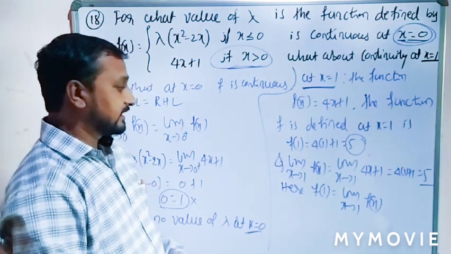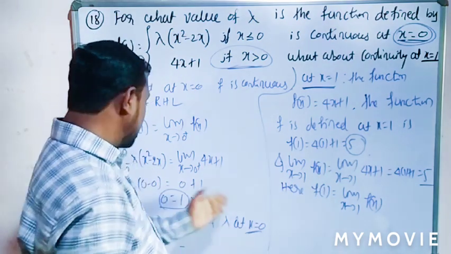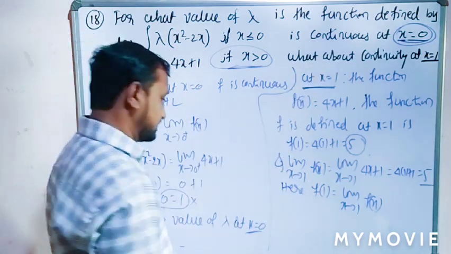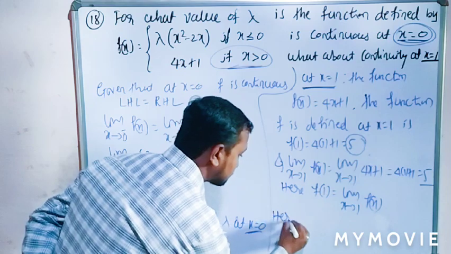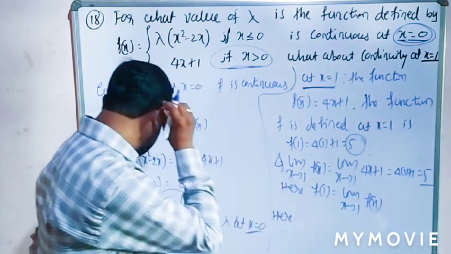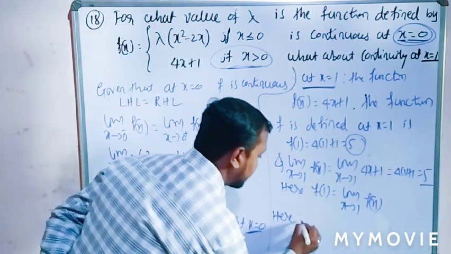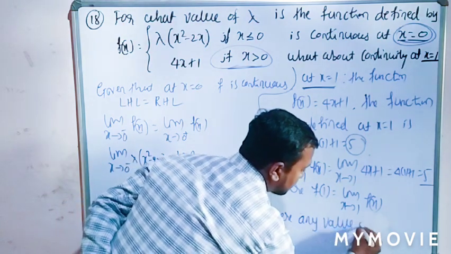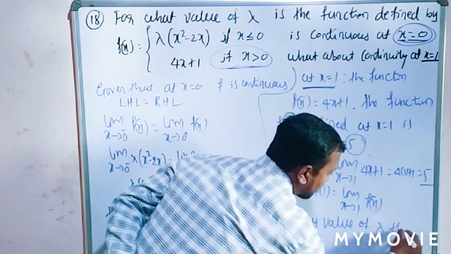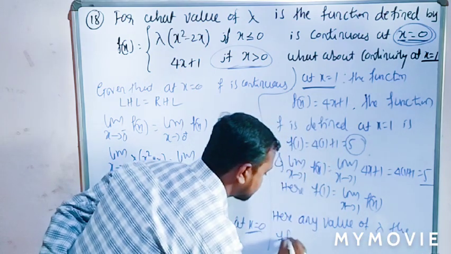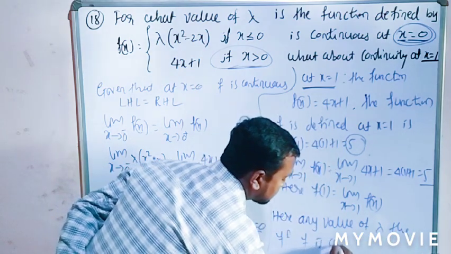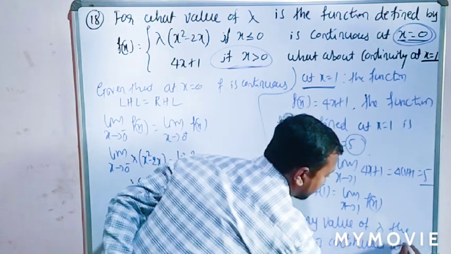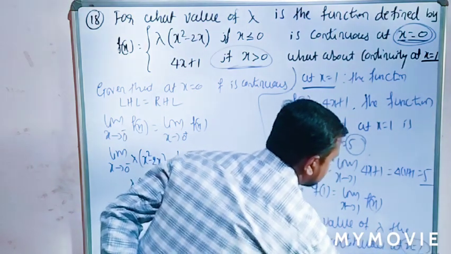Is that clear? Here, for any value of lambda, the function f is continuous at x equal to 1.